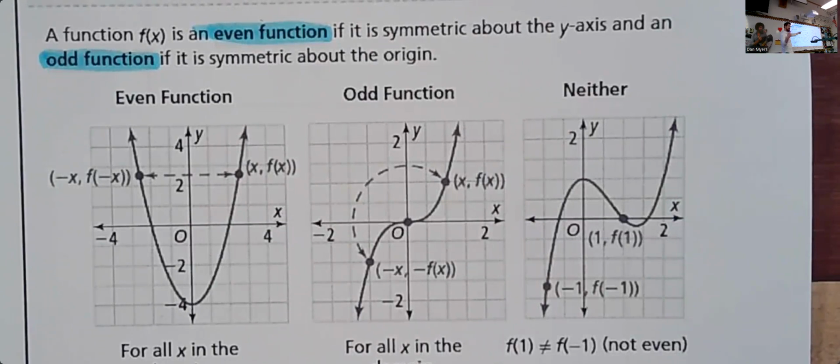So as long as there's the same distance to the y-axis on either side of the function, that makes it an even function. And you can see here as well, it says if you take the opposite of the x value, it ends up being the exact same y value. The y value is the same because the height's not changing, right? But the x values are opposite, positive, negative, or negative, positive.